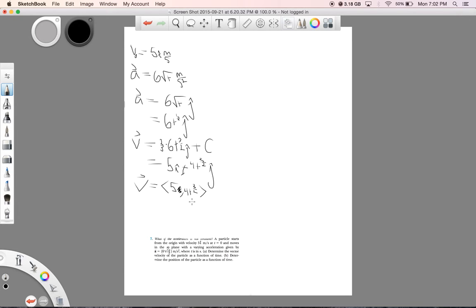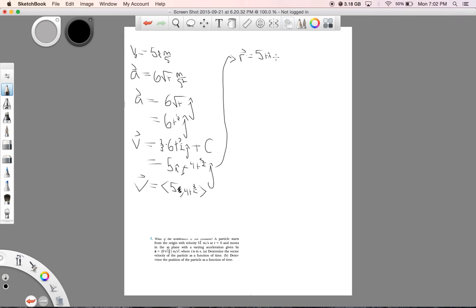Now we have to find the position. So what we have to do is take the antiderivative again. So I'm going to move it back up here. So in order to take the antiderivative again, of a constant, you would just add t. So r for the position is equal to 5t i hat, because the derivative of 5t is 5.